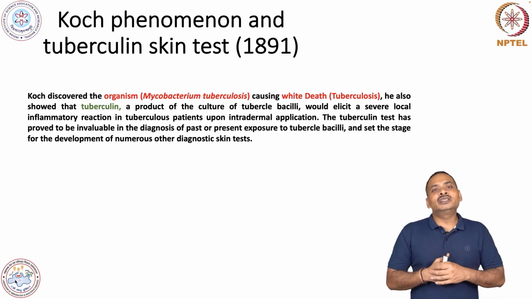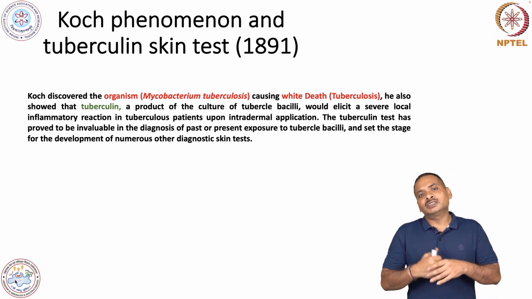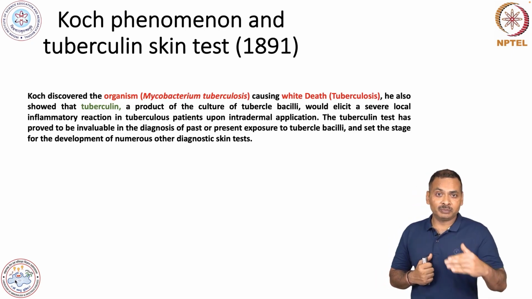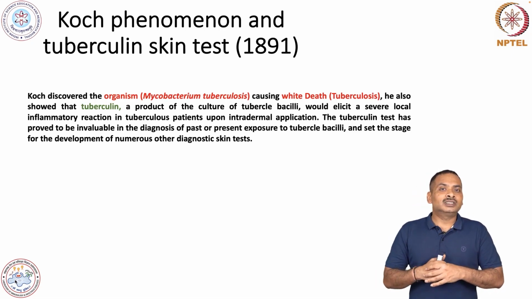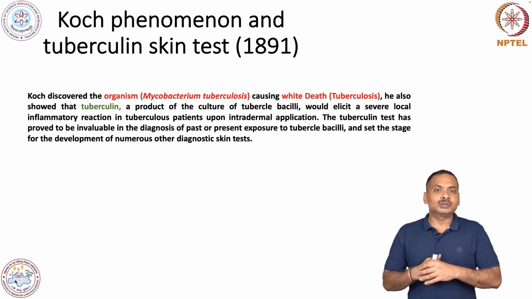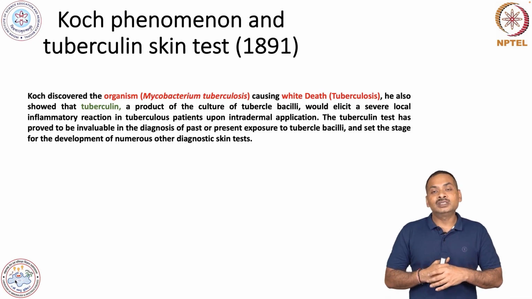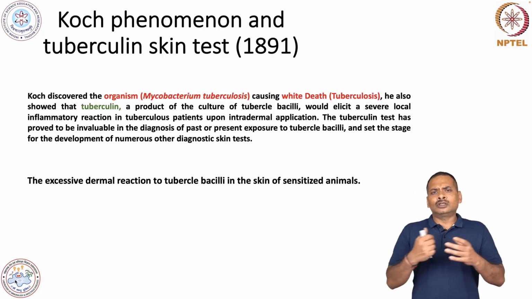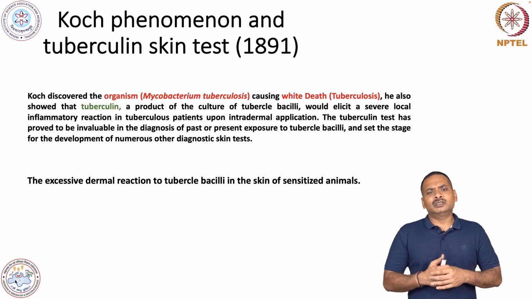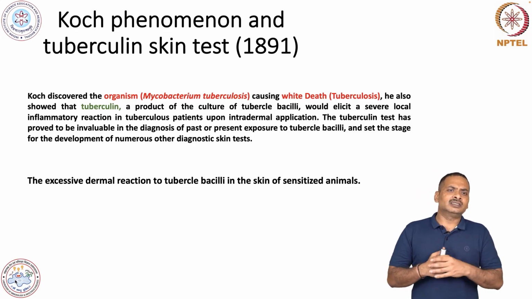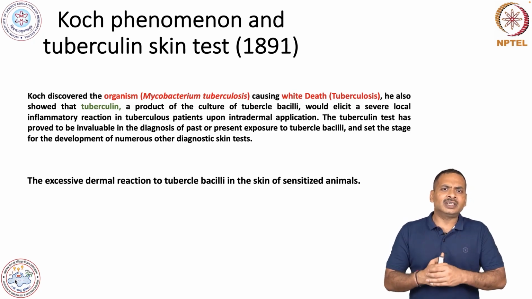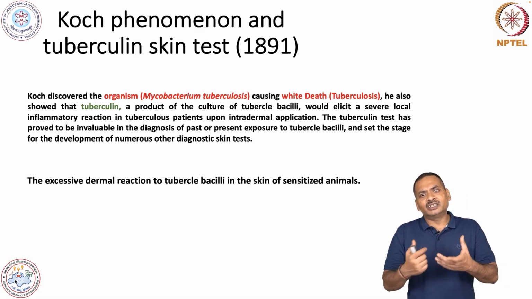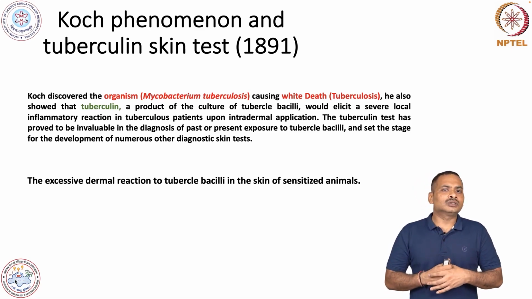He is also the discoverer of the tuberculin test, which is a very powerful diagnostic technique to test for Mycobacterium tuberculosis infection in an individual. Robert Koch made a lot of contributions, and along with this he also developed microbiology techniques, like culturing and so on. So his work is also a lot.